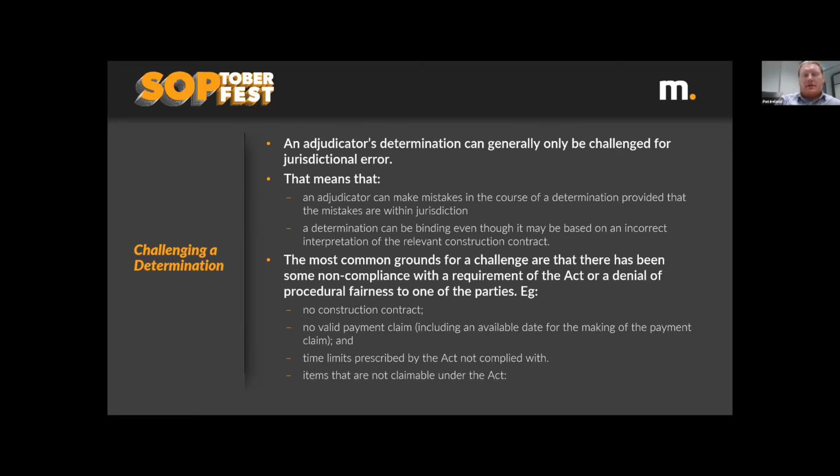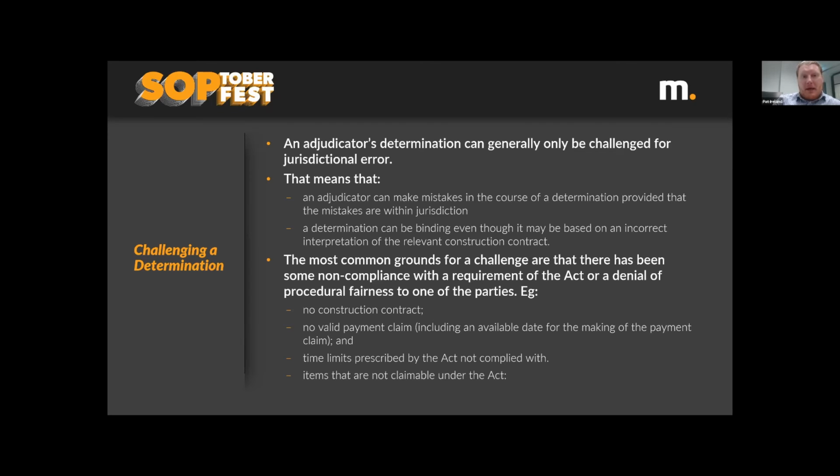The most common grounds for a challenge are that there's been some non-compliance with a requirement of the Act or a denial of procedural fairness. Big ones that are often raised are that there was actually no construction contract in place under which the claim is said to have been brought.